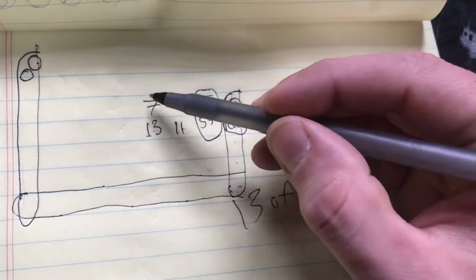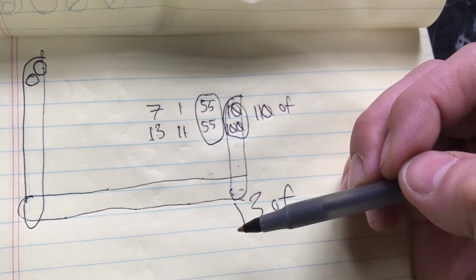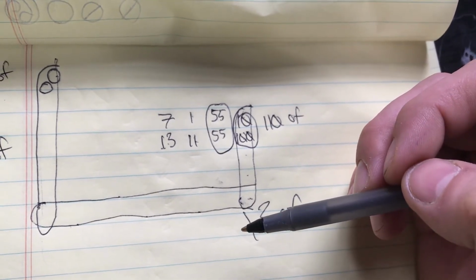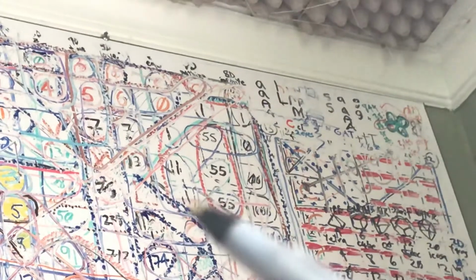21, 40, 10, 11, 12, 13, 14. It's a 5. 21, 40. Oh, 7 and 6 is 13, maybe.